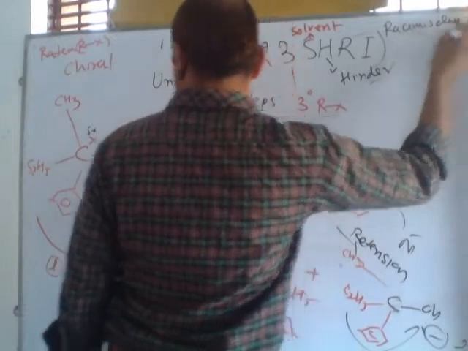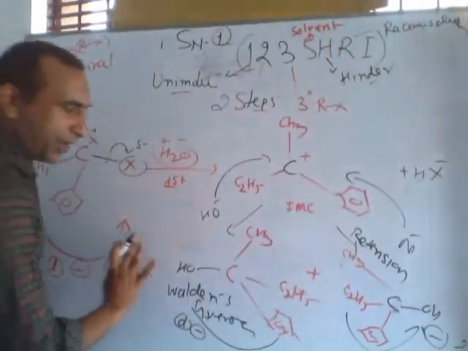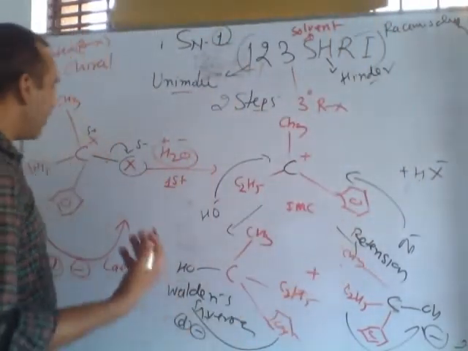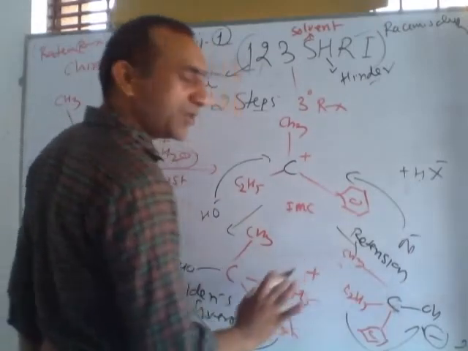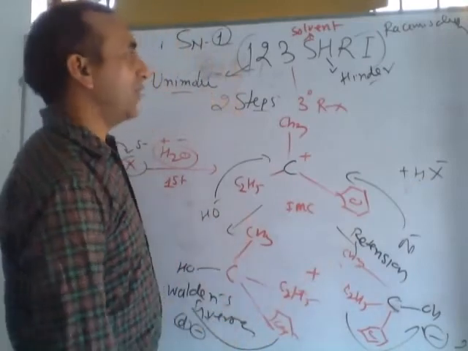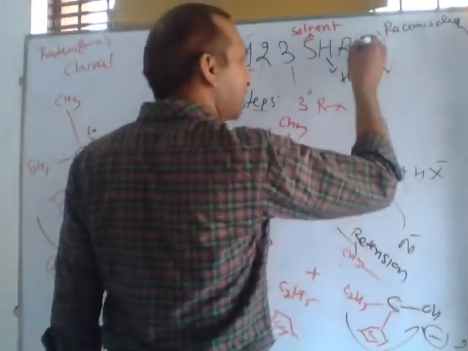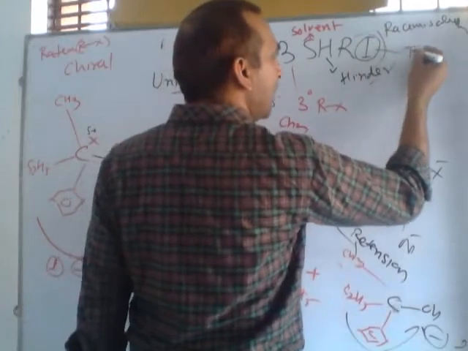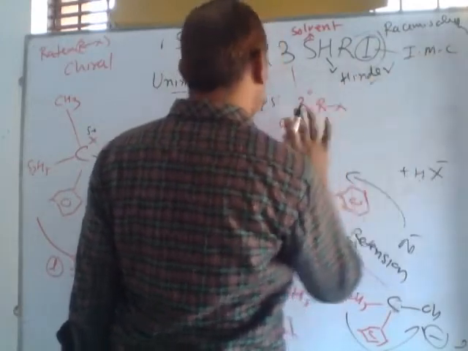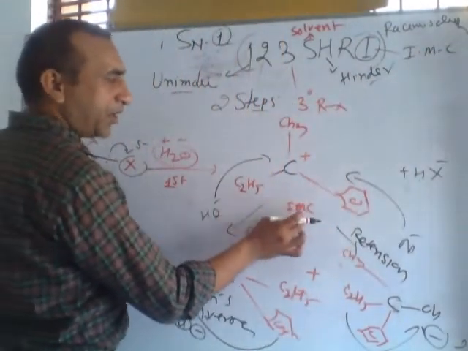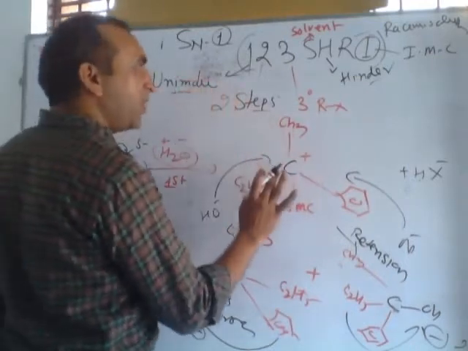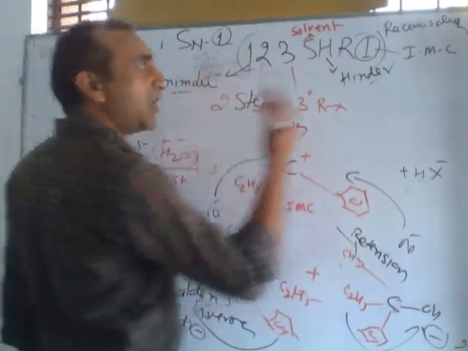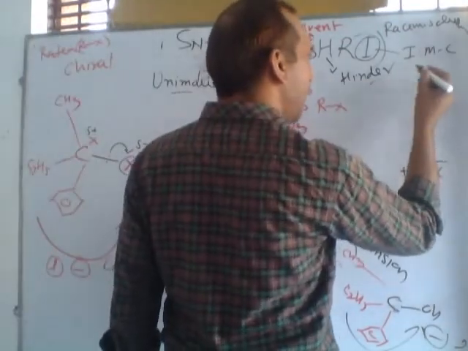It means in SN1 racemization takes place if we are using an optically active compound as a reactant. Racemization means a racemic mixture is formed with D and L configuration. This I is the intermediate compound. In this reaction, the intermediate compound as a carbocation is formed, which is more stable, and its stability is increased by SiR.